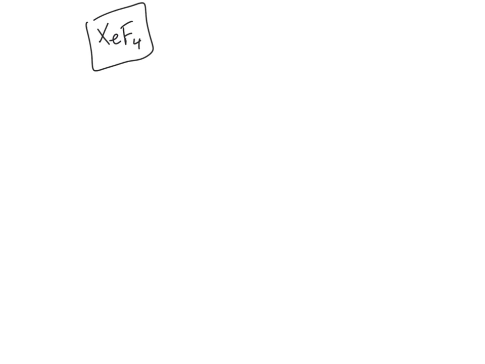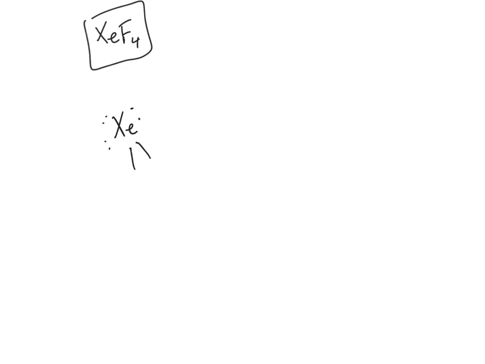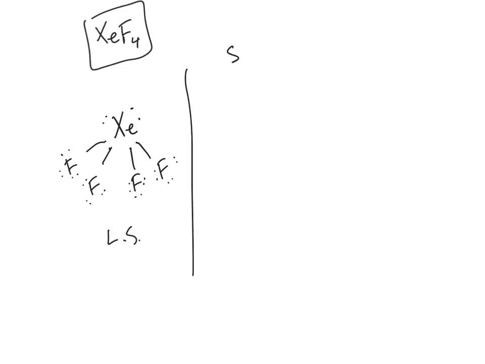But anyway, as far as we're concerned, we have xenon with 8 valence electrons, making 1, 2, 3, 4 bonds to fluorine. Okay, so it's got 6 groups of electrons, and we're going to draw it as an octahedron.